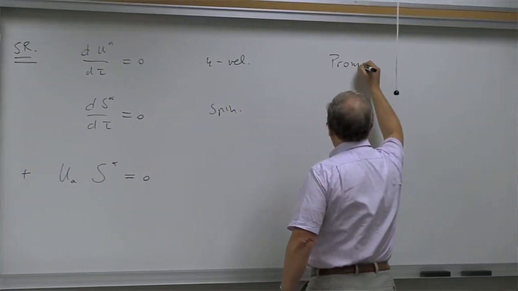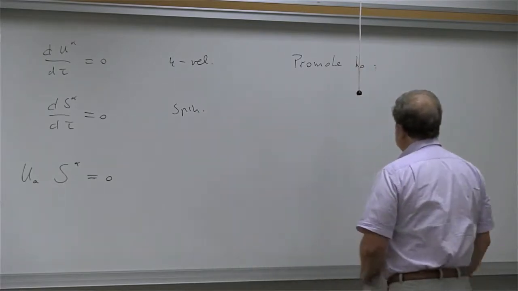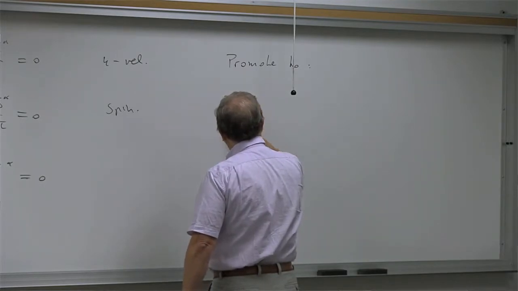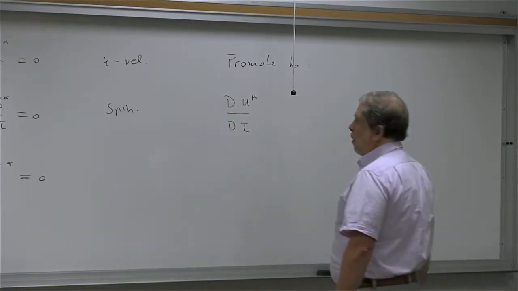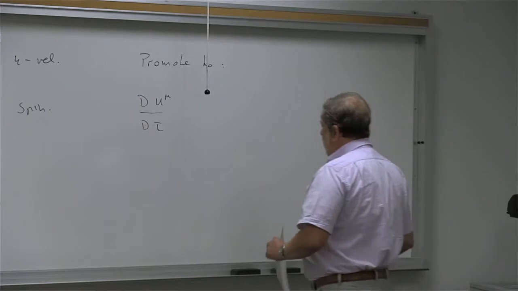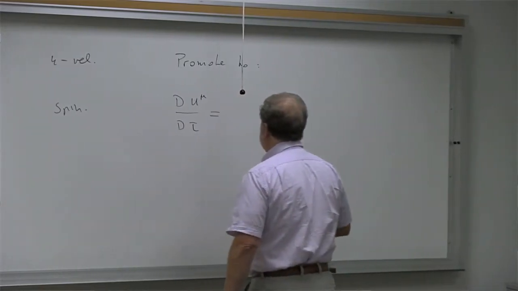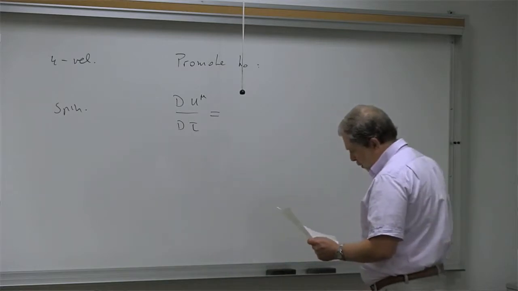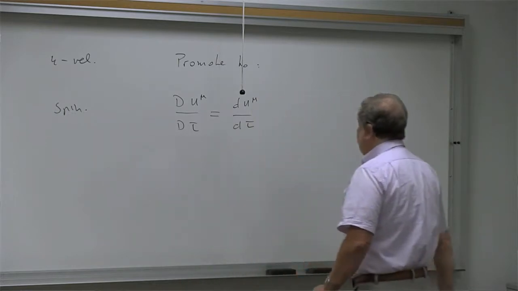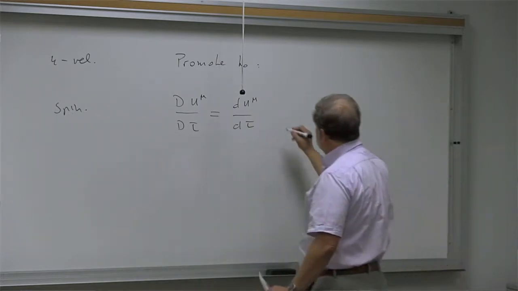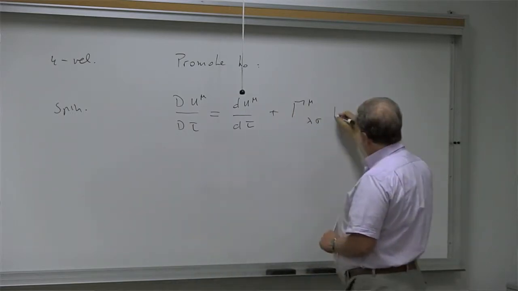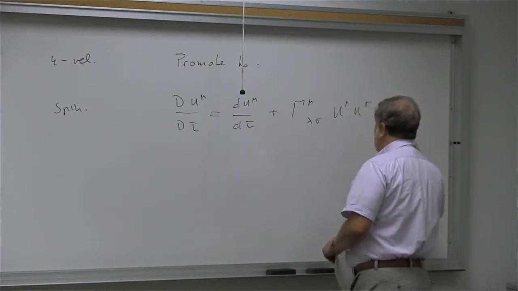We're going to promote those equations to something that looks acceptable, which is, first of all, du mu by d tau, using the covariant derivative in this case along the path of the particle. When we write it out in components, this is the ordinary derivative with respect to tau, du mu by d tau, plus gamma mu lambda sigma u lambda u sigma, and this is going to be equal to 0.